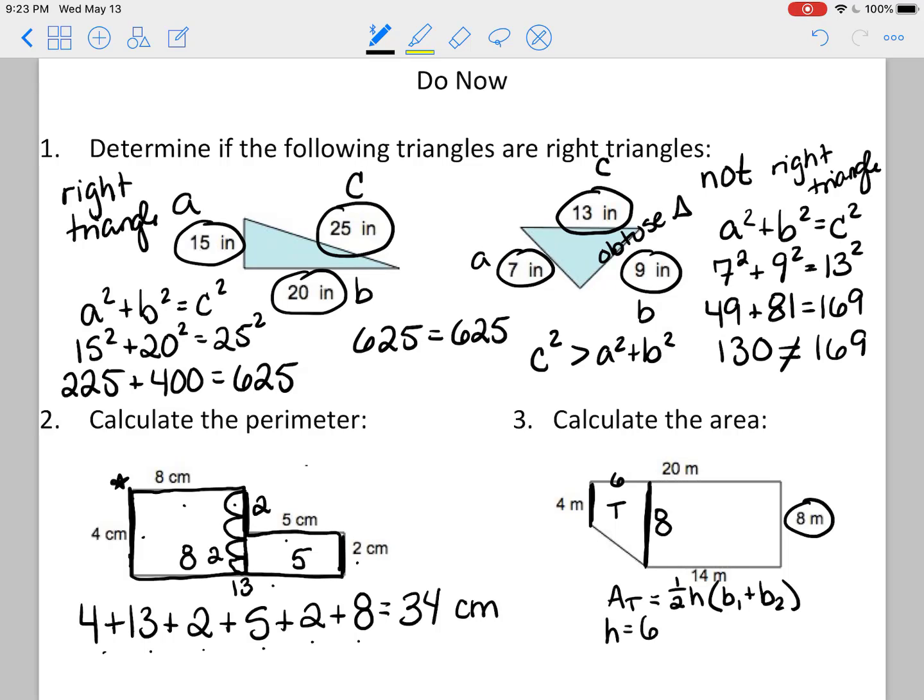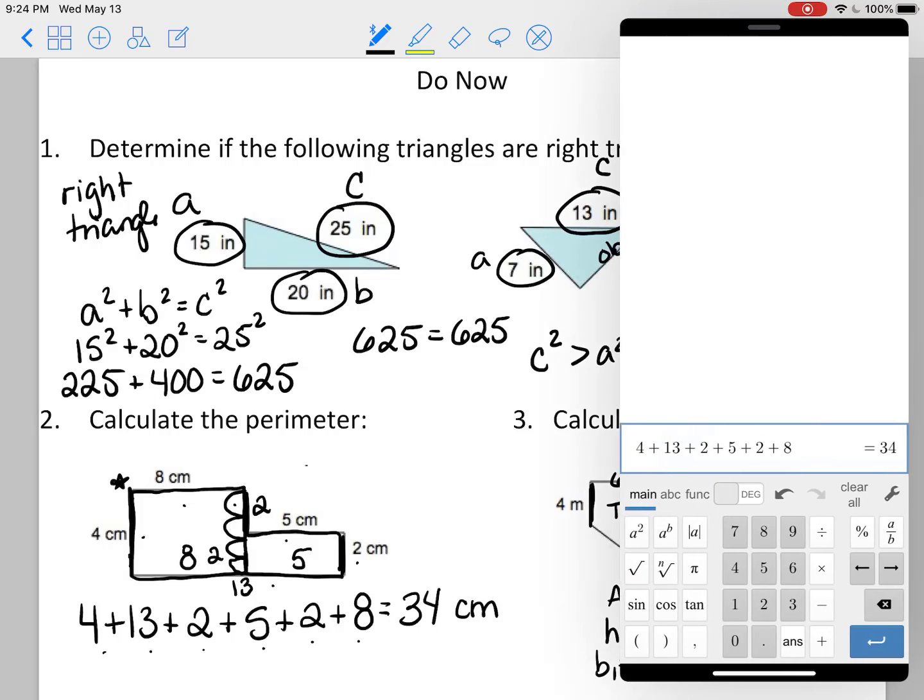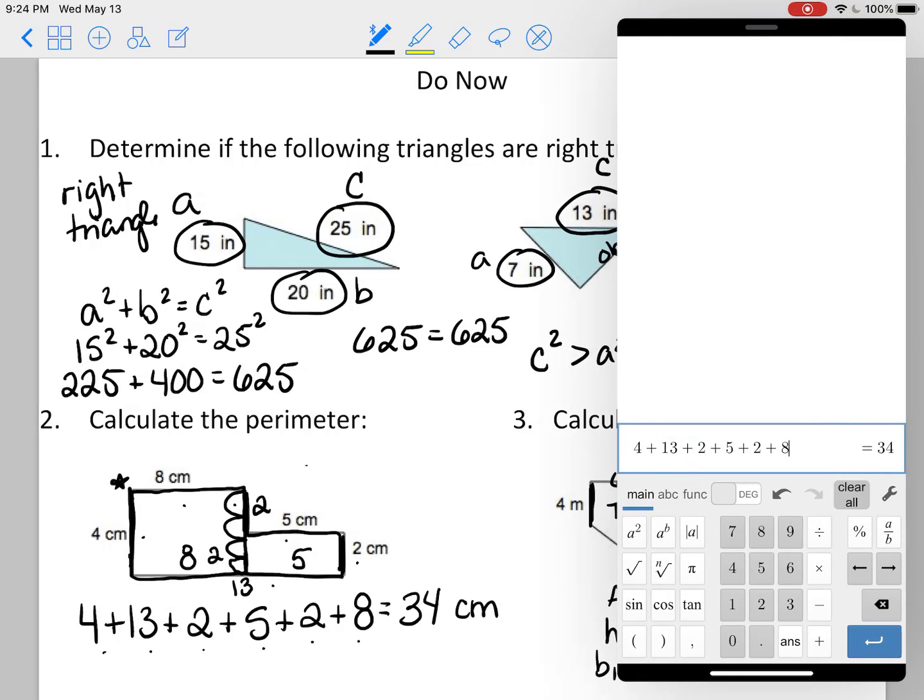So when we put this into Desmos, H is equal to 6, B1 is equal to 4, and B2 is equal to 8. Now when you put this into Desmos, I recommend using different variables than B1 and B2. You can use any letter that you want as long as you're consistent. Just don't use H. I'm going to use A and B to make it easy.